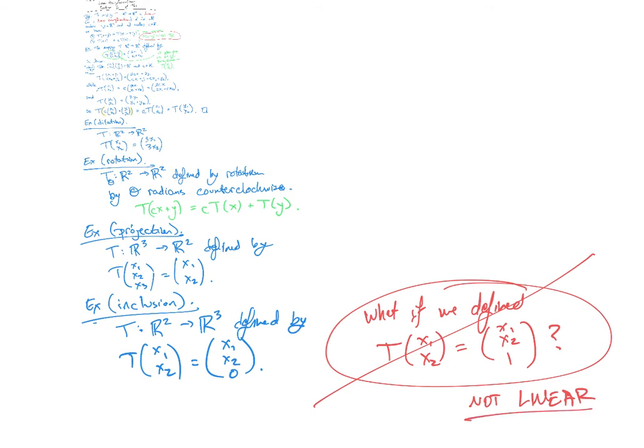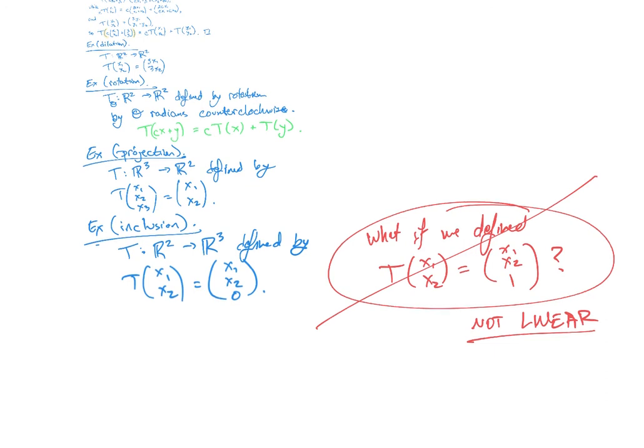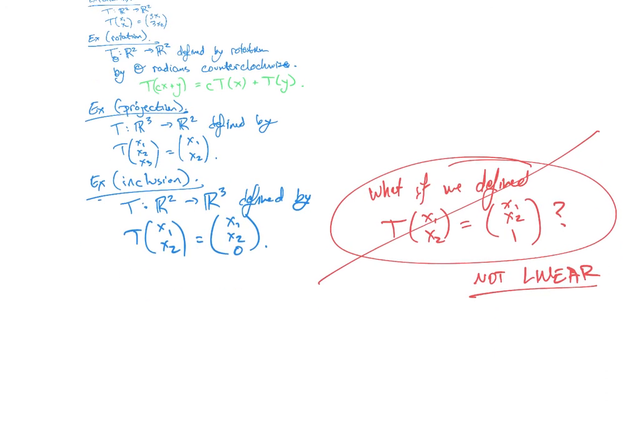It's still a mapping, it's just not a linear mapping. I guess in that case, the fancy word for it would be an affine linear transformation, because we're doing a linear transformation and then we're adding something. But anyway, we don't need to concern ourselves with those right now.